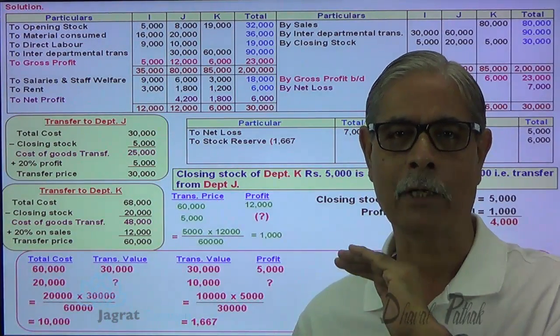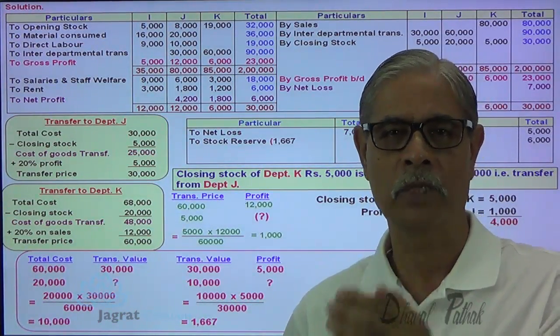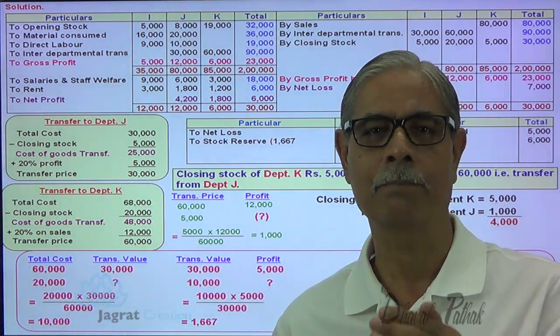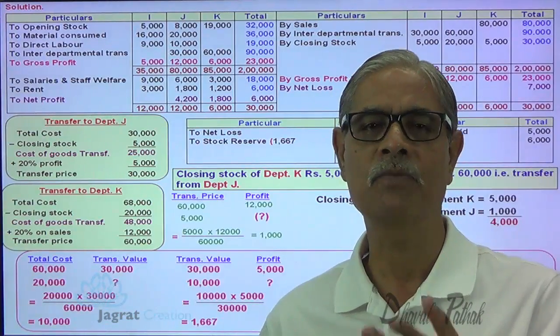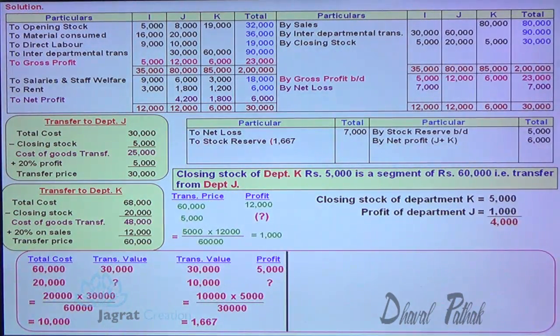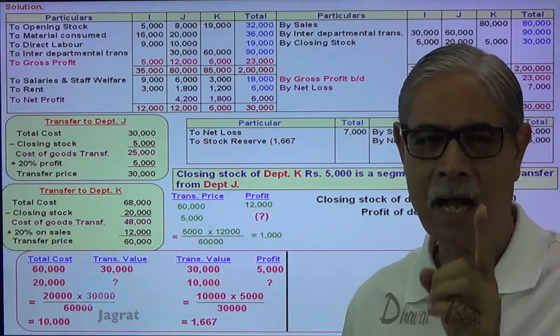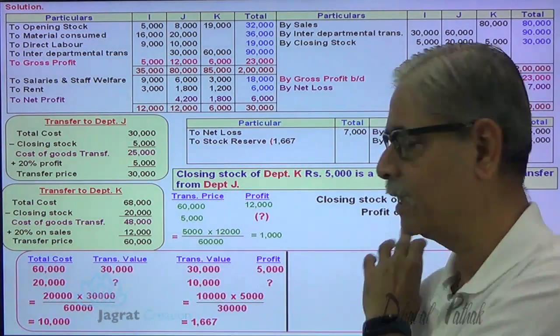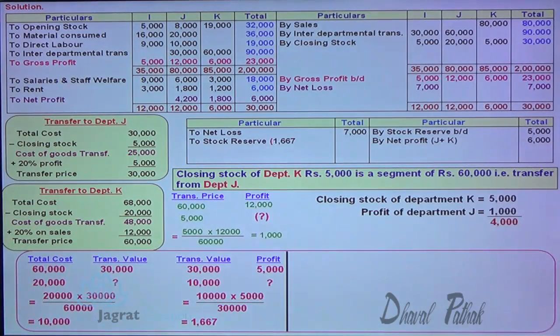So coming back from K to J, the profit load of J is unloaded, but you are required to unload the profit load charged by department I when the goods were transferred from I to J. So now for this 4,000, I want to find out the profit element, the one that was charged by I when the goods were transferred to J. So this procedure will be repeated here.